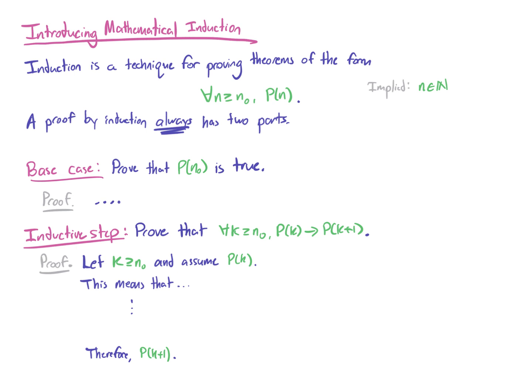That's where I've got to get to. If I can do a proof of my base case and a proof of my inductive step, then I have completed an inductive proof of the theorem that I'm trying to show. So let's take a look at a visual representation of induction before we jump into some examples.